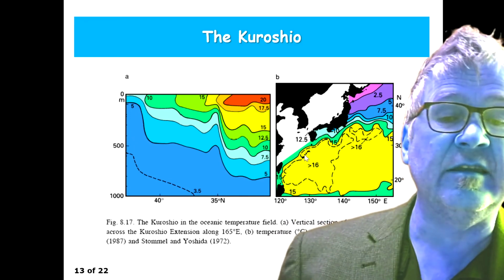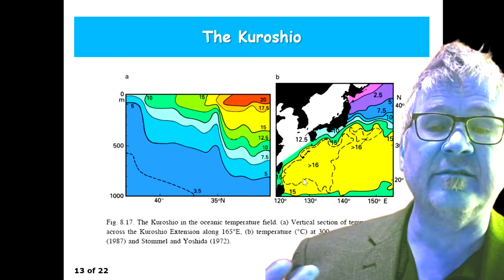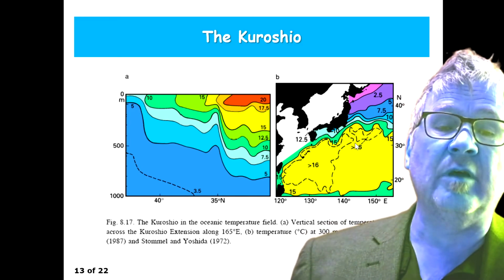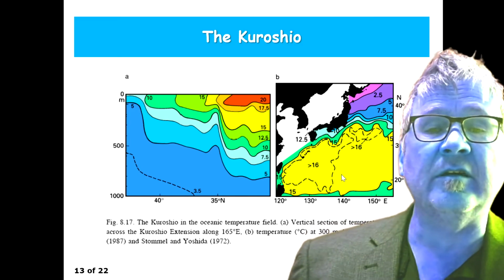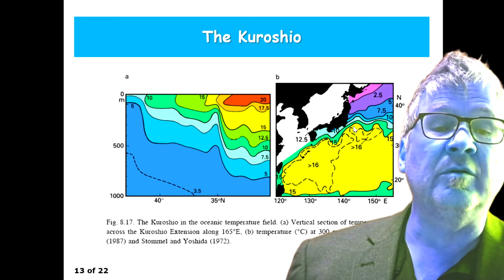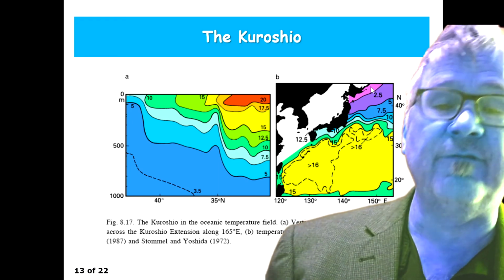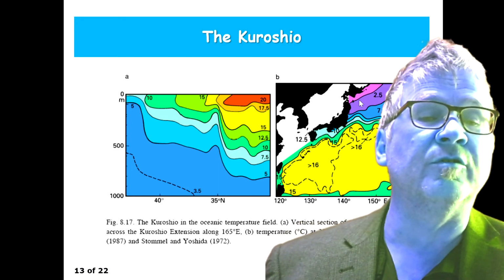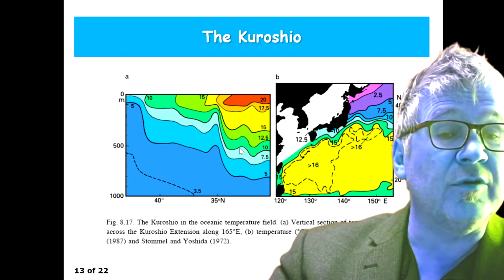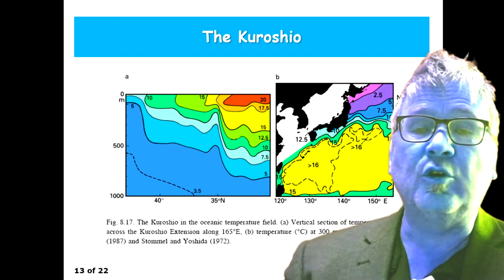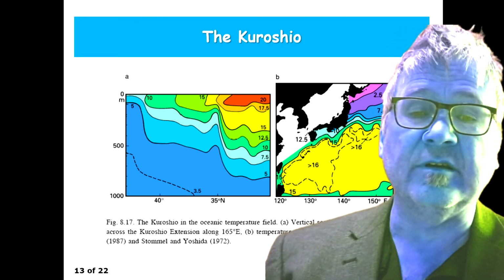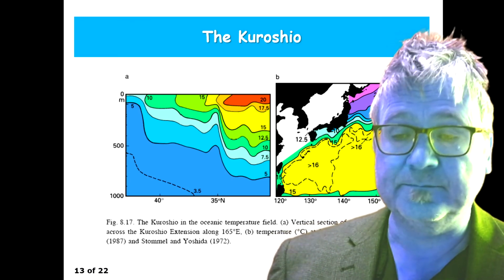You can see this 16-degree water on the right-hand side. This is the warm water which is eastward of the Kuroshio, which moves along this section, and then you can see that in the north it gets very, very cold, 2.5-degree water. So this is how you can identify the Kuroshio in measurements of temperature.